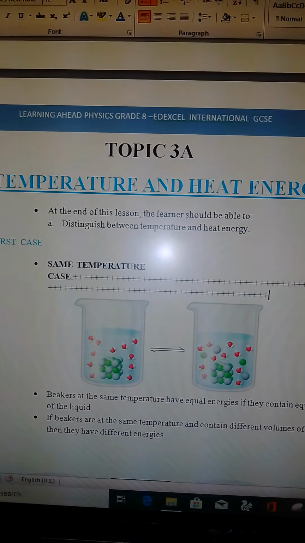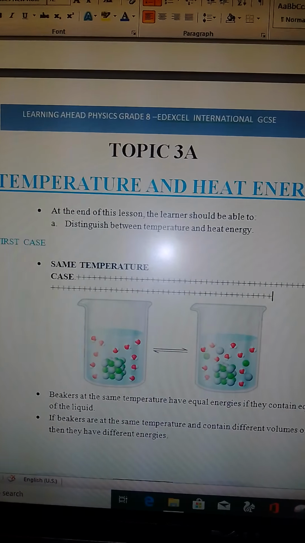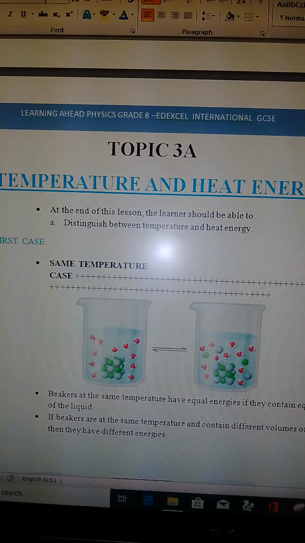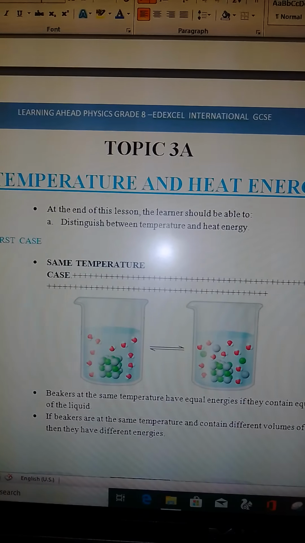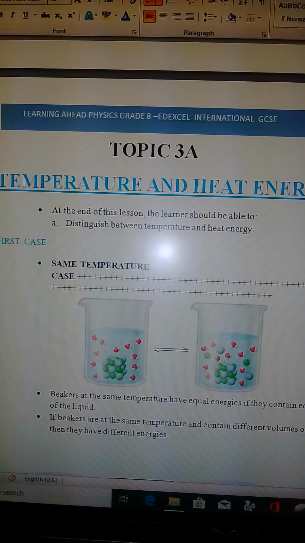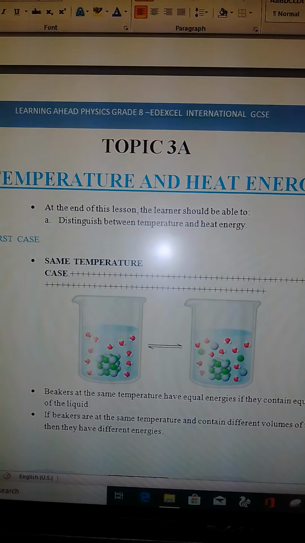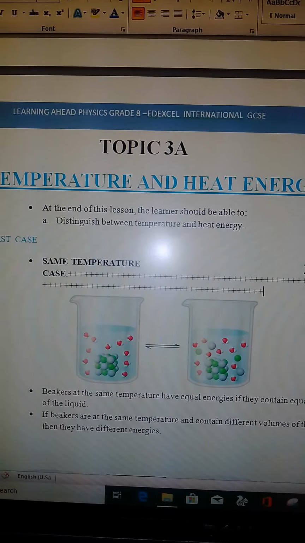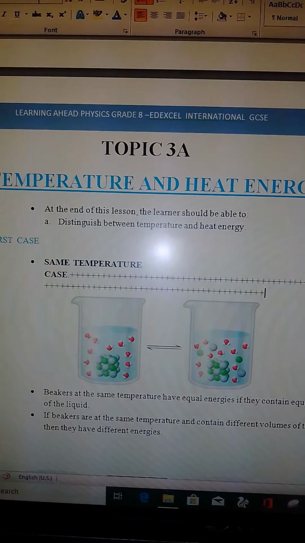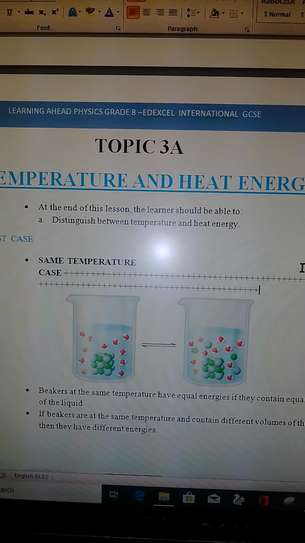Do you still remember what it means to change from Kelvin to Celsius and vice versa?